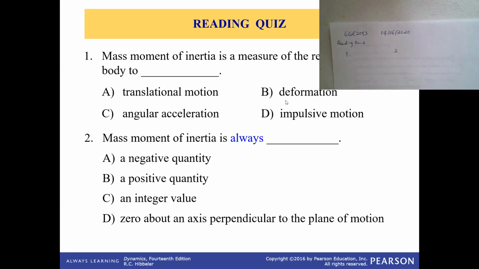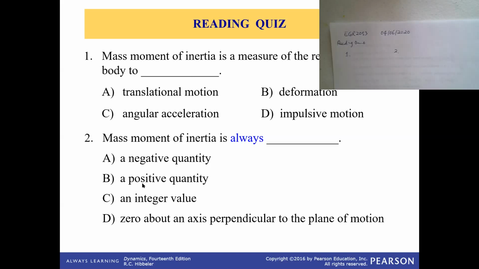I think everyone on board has submitted your answers here, so we'll take a look. On the first one, mass moment of inertia is a measure of the resistance of the body to... this one should be C, the angular oscillation. On the second one, it says mass moment of inertia is always... It's defined as the integration of r squared times dm.